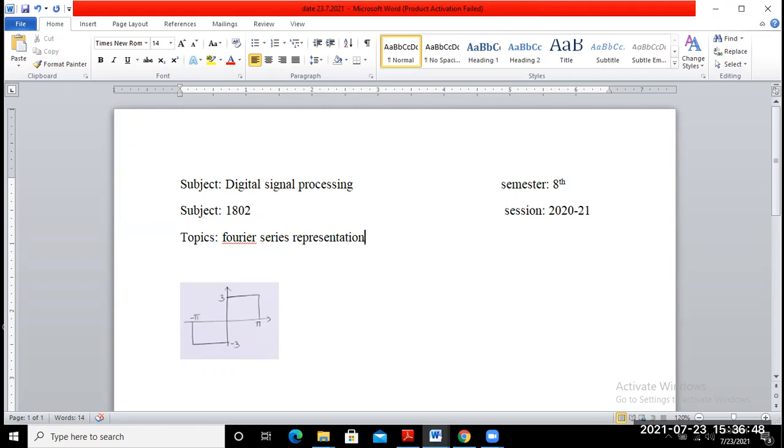Fourier series representation of problems using symmetry.